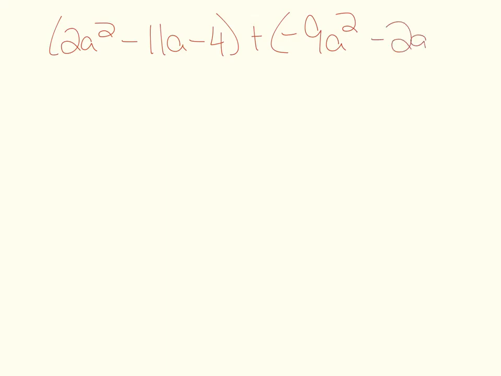These can be as simple or as complicated as you can think. Nothing's off limits here. But let's say I have this. Let's say I've got 2a squared minus 11a minus 4. That's a trinomial because it has 3 terms, and I'm adding it to minus 9a squared minus 2a minus 15. Now, these are in parentheses to show that they're 2 polynomials, but we really don't have to have the parentheses. We could drop them.